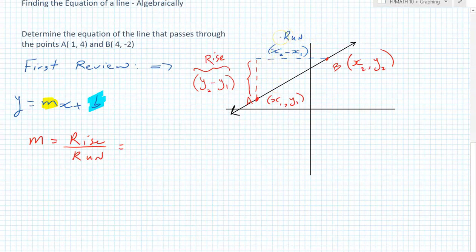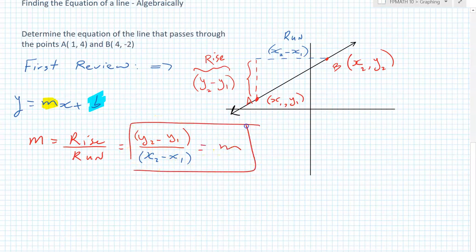So let's write that as rise over run: y2 minus y1 over x2 minus x1. All right, so that is your slope given any 2 points on a line.